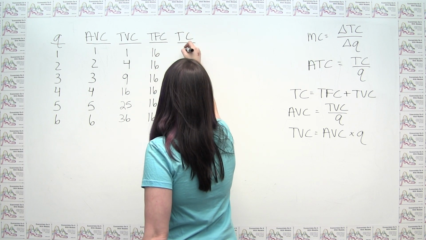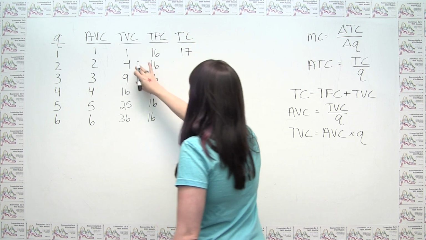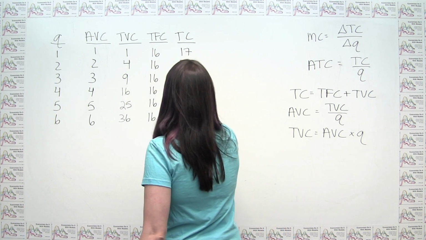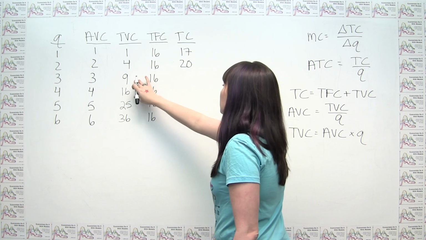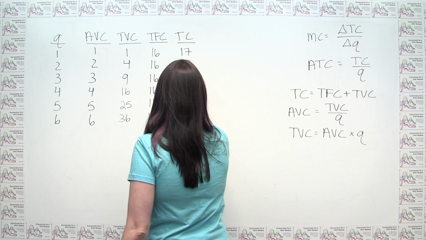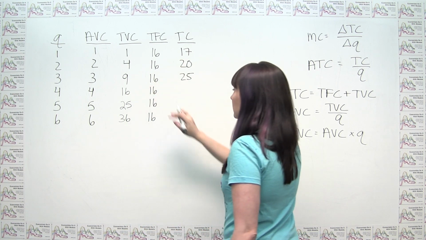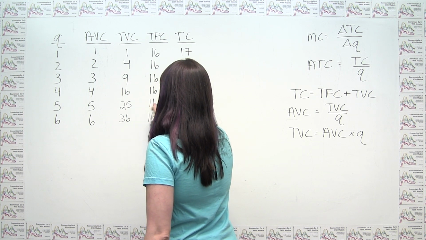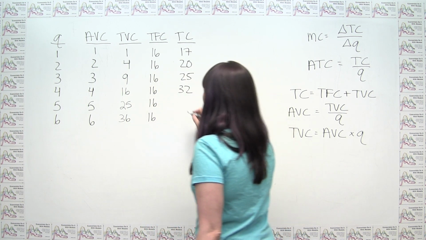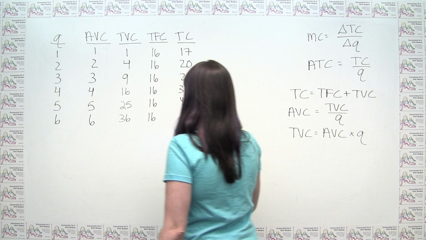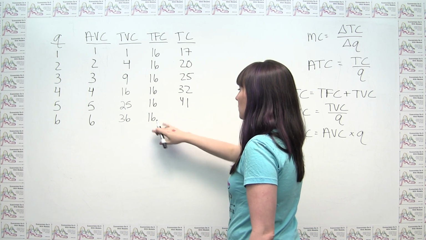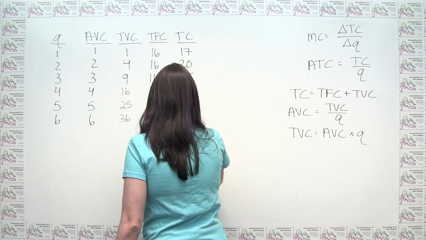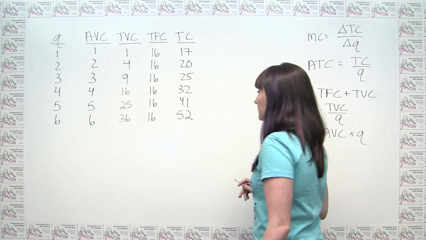So 1 plus 16 is 17, 4 plus 16 is 20, 9 plus 16 is 25, 16 plus 16 is 32, 25 plus 16 is 41, and 36 plus 16 is 52.